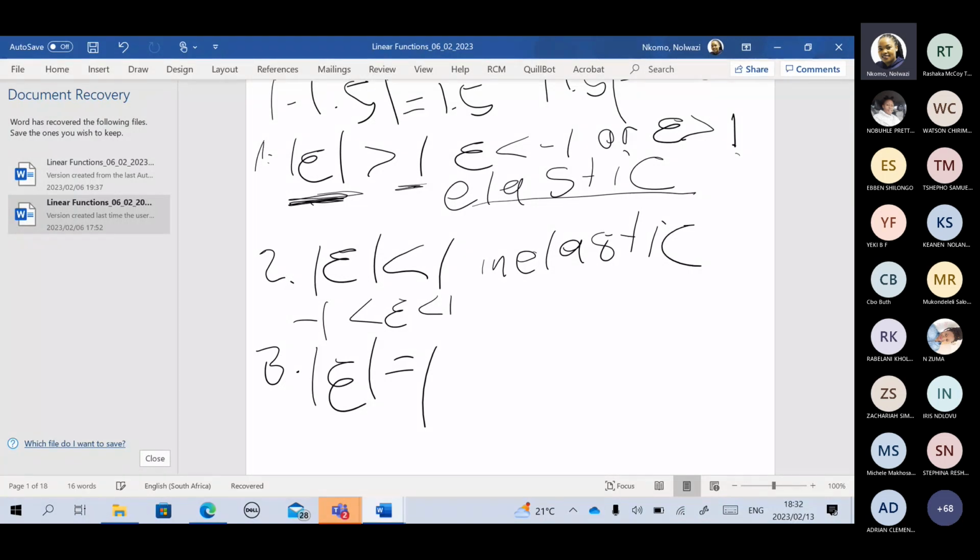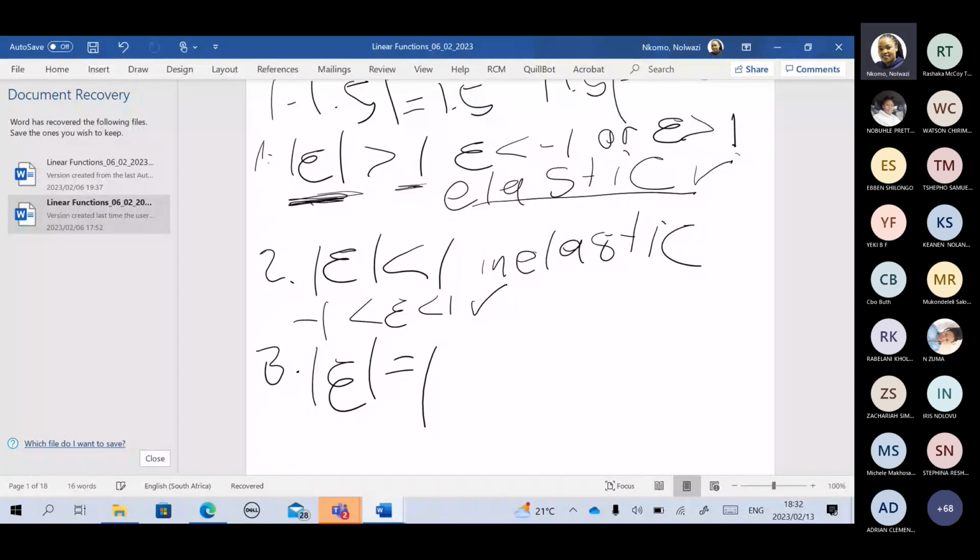So for elasticity, the percentage change in demand or supply is greater than the percentage change in price. And here, the percentage change in demand or supply is less than the percentage change of price.